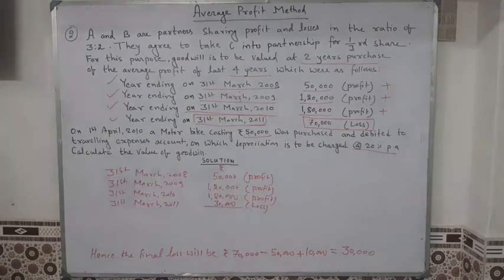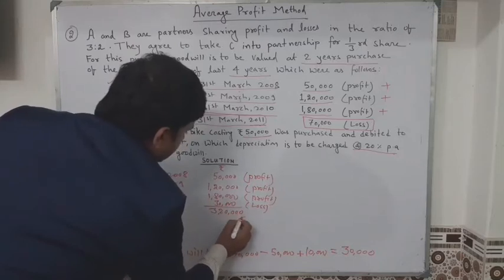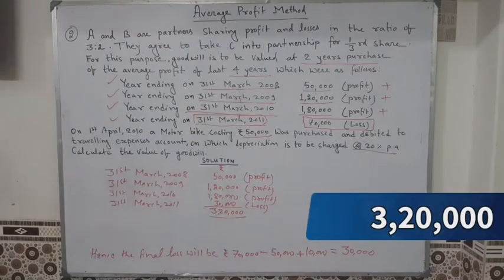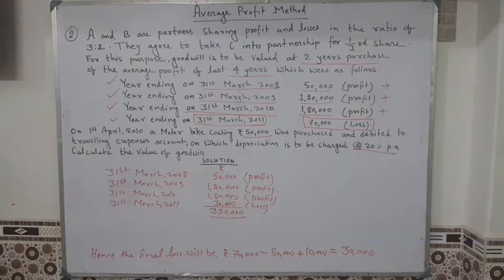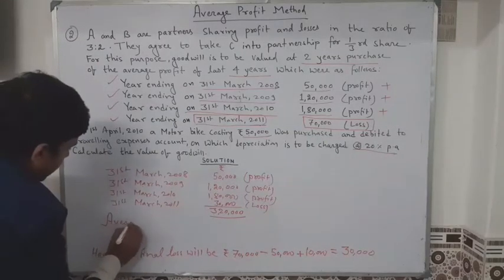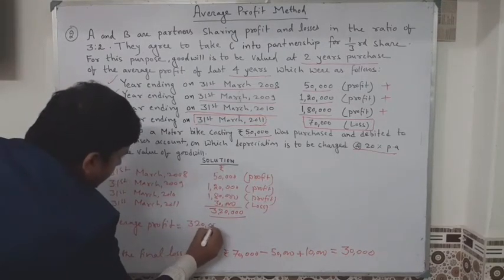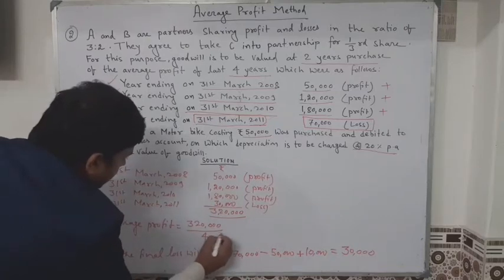Loss means minus, and profit means plus. 50,000 plus 1,20,000 plus 1,80,000 minus 30,000 gives 3,20,000. The average profit is equal to 3,20,000 divided by 4.